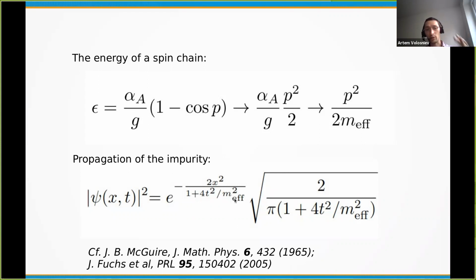Of course, we are not the first ones to say that a single impurity has this effective mass, which scales such that 1 over the effective mass becomes very large when G becomes very large. So the motion becomes very slow. You could see these early papers that have very similar expressions. It was just nice to arrive at it from a bit different perspective.